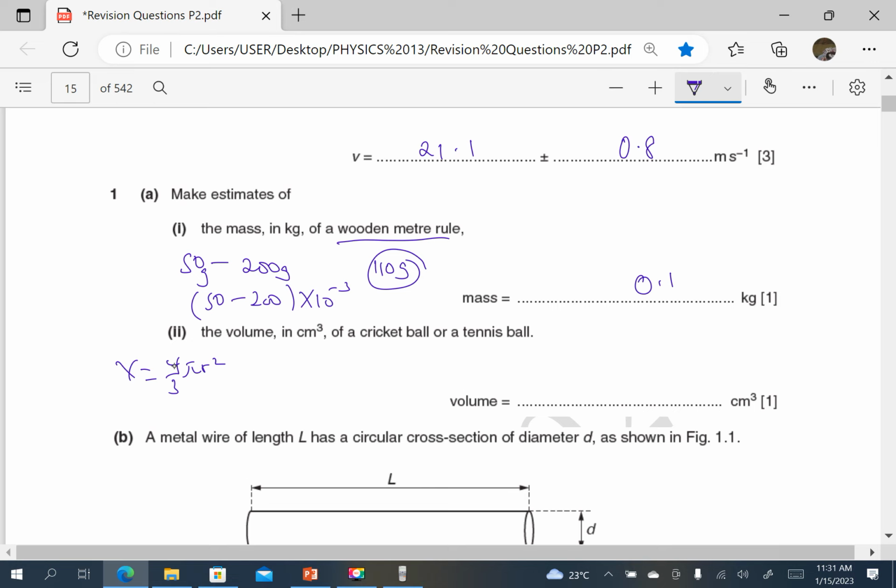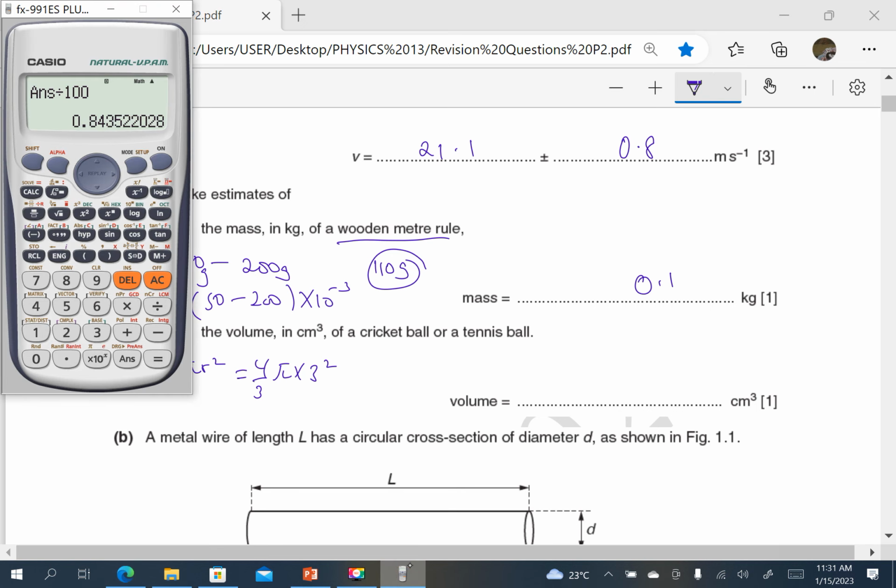If you say the radius is say 3 centimeters, so I'll say this is going to be 4 over 3 pi times 3 squared. And from my calculator, this will be 4 pi divided by 3 times 3 squared.